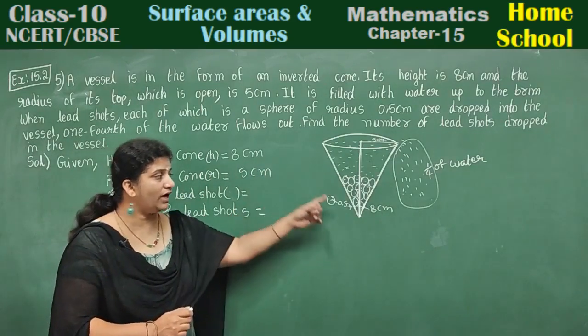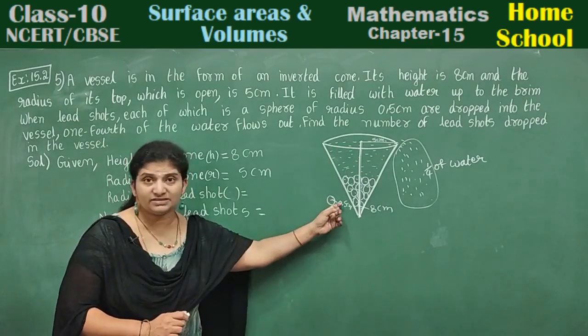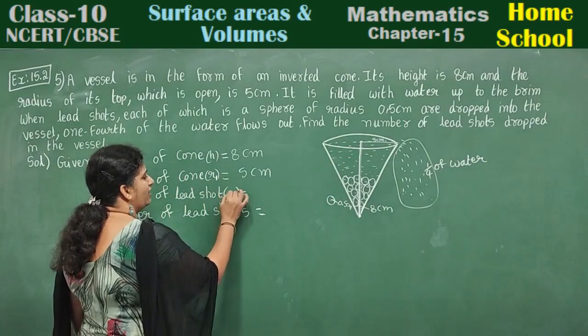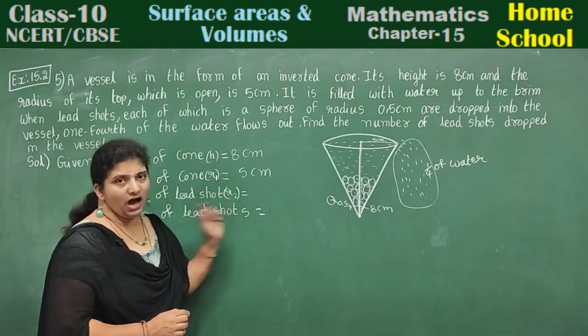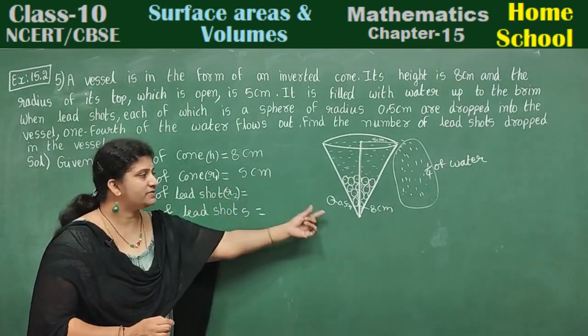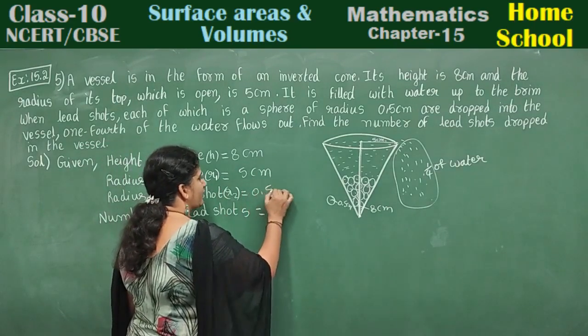We are talking about another solid where that radius is different and this radius is different. Then at that time, please take here R1 and this is R2. Then cone radius is R1. Sphere radius is 0.5 centimeters.